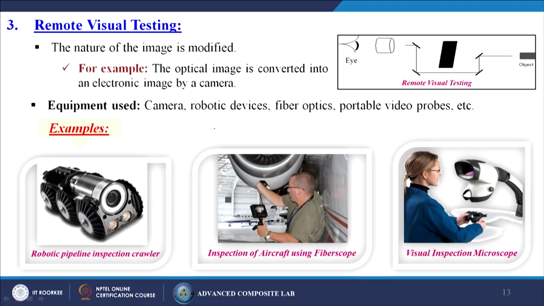Next, remote visual testing, where the nature of the image is modified. Suppose a very tiny crack is on our surface but we cannot see it with our naked eyes.